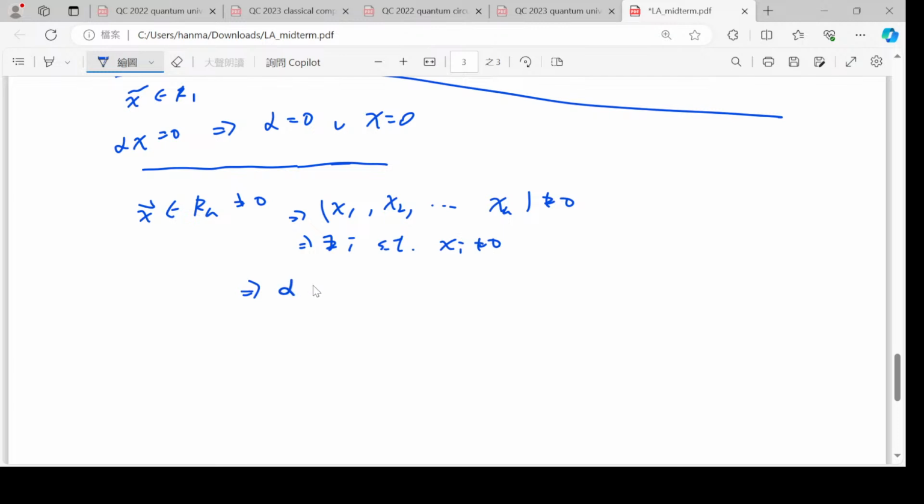Then we have alpha xi equal to 0 and xi not equal to 0, so alpha xi times xi minus 1 equals 0 times xi minus 1. Since xi is not 0, xi minus 1 exists, and this means alpha equals 0. This gives you some intuition about what this problem is doing, but it is not fully correct because we didn't have x in Rn. Maybe x is in an infinite dimensional space, etc.